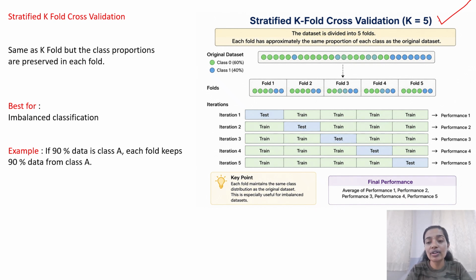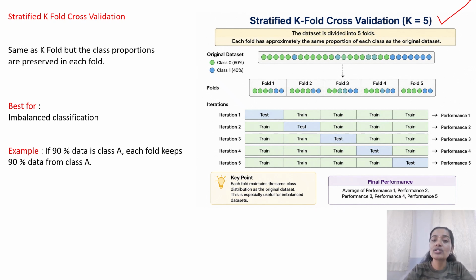In k-fold cross validation we simply divide the data set into 5 equal parts. We don't consider the proportion there. So it may happen that the model gets biased towards one class. There is a very high chance that when we have testing data or when we try to test the model, it will be highly biased towards one class.